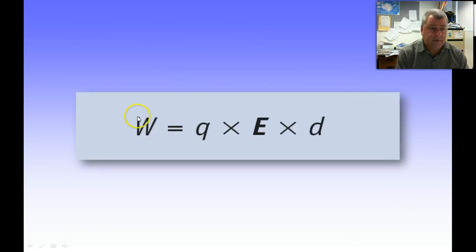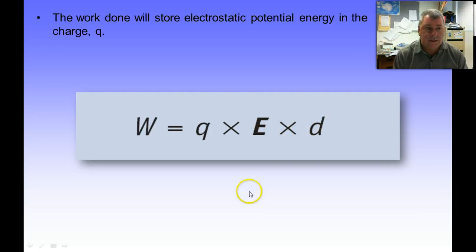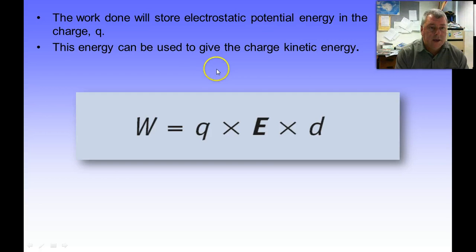Okay, so here we have W representing work equals the charge times the electric field strength times the distance that we're moving it, and so work is done, and the work done is stored as electrostatic potential energy. What's the unit of energy? It's joules, and it can be used to give the charge kinetic energy, so make it move, which is basically what we predominantly use it for.